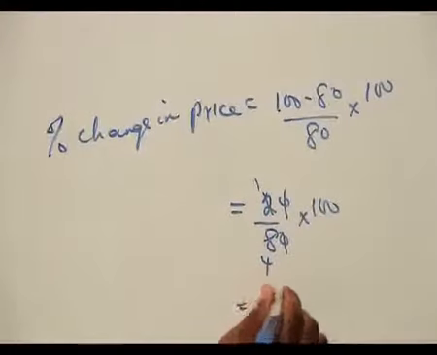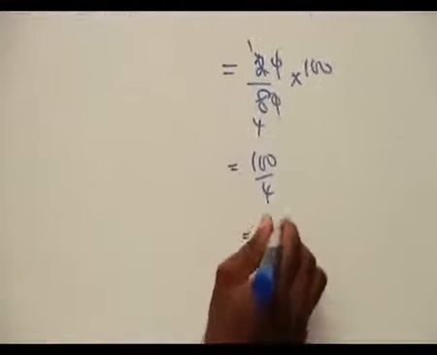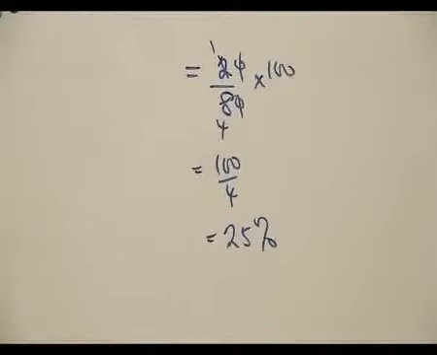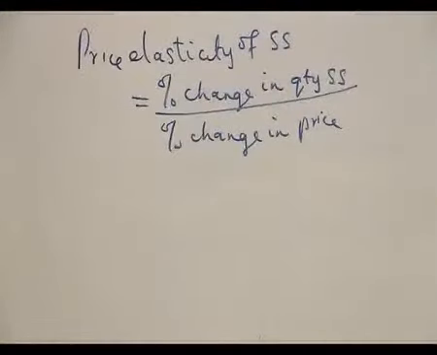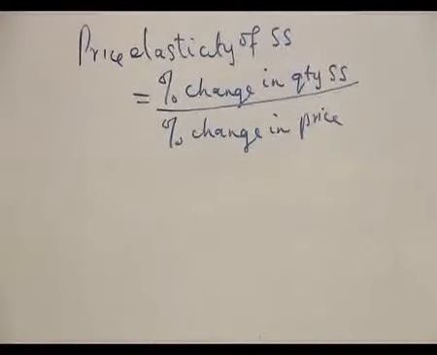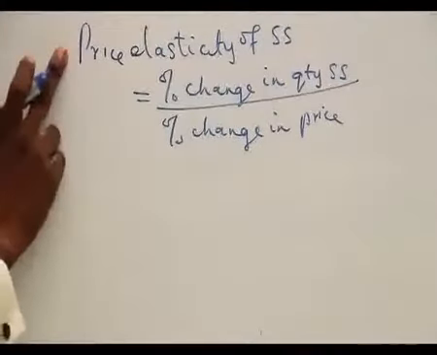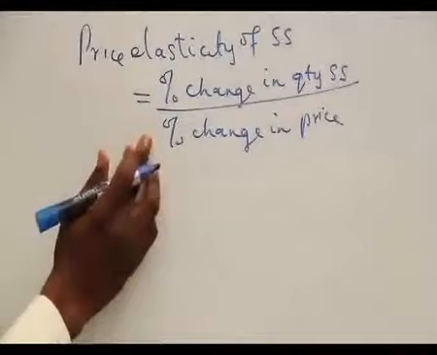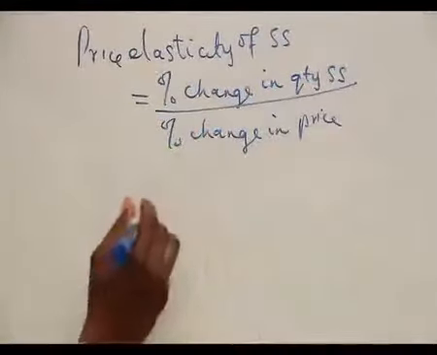So we have 100 over 4, and we have our percentage to be 25%. This percentage change in price equals 25%. Having gotten our percentage change in price and percentage change in quantity supplied, we can now substitute into the formula for price elasticity of supply, which is percentage change in quantity supplied over percentage change in price.